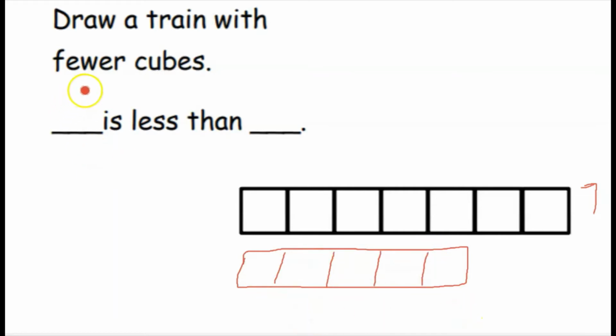Yes, 5 is less than 7. Remember, the word fewer is the same as less than. 5 is less than 7. I know this because when 5 stops, 7 keeps going. 7 is a bigger number.